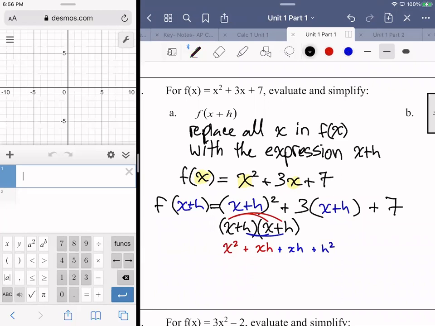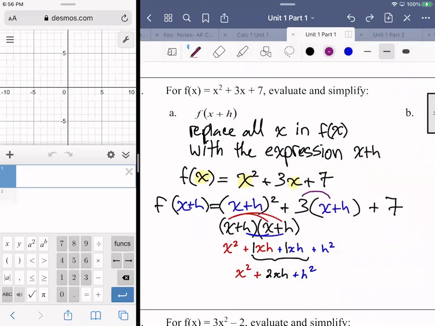We have an assumed 1 in front of each of those like terms, the xh. I'm going to put a 1 here and here. Combine those like terms. We're going to get 2xh. Bring everything else along for the ride. We also want to distribute the 3 here.